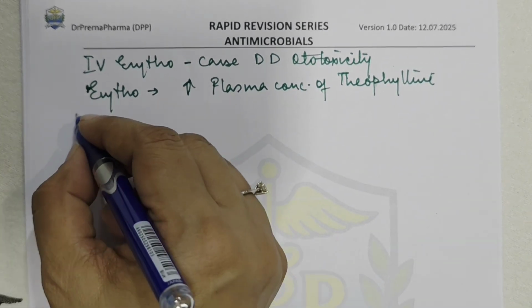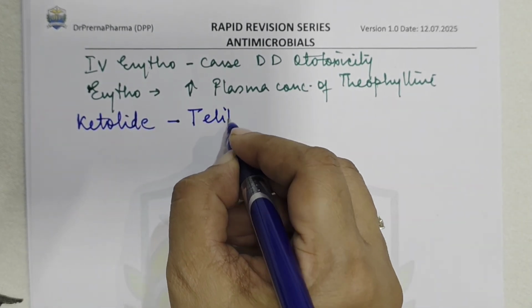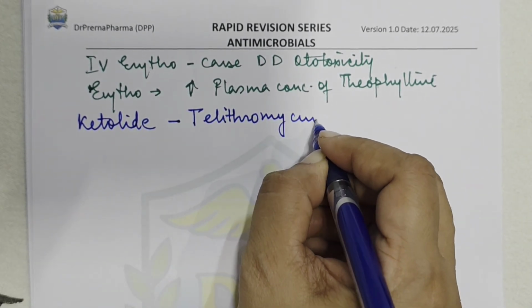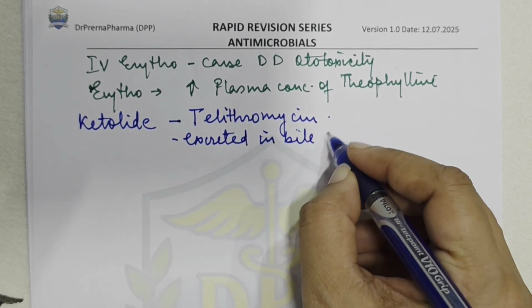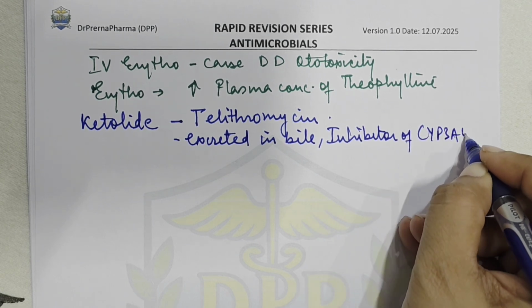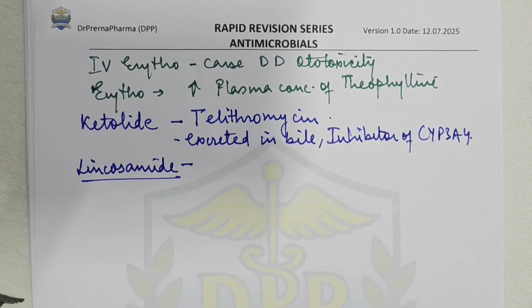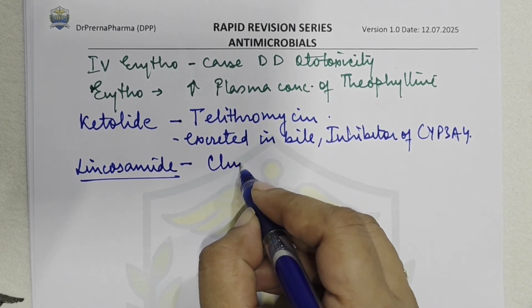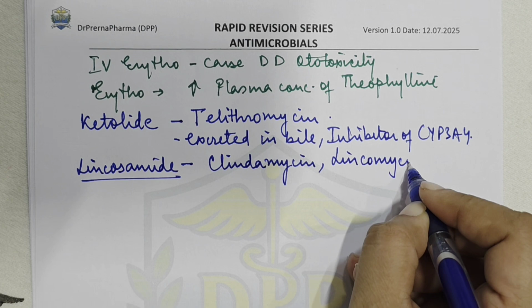The next drug that we take is ketolide. In ketolides the drug that we have is telithromycin. This is basically excreted in bile and is an inhibitor of CYP3A4. Then we have lincosamide. Now in lincosamide, this group includes clindamycin and lincomycin, right?